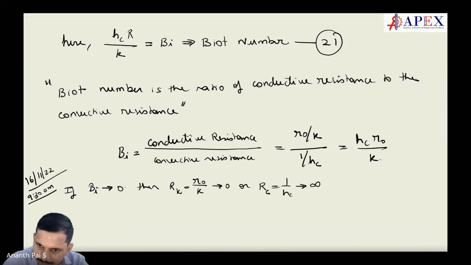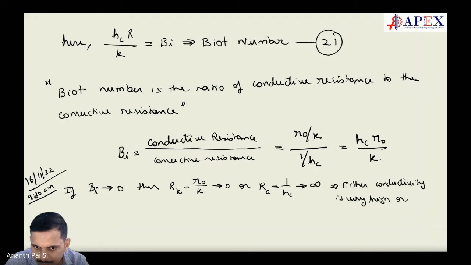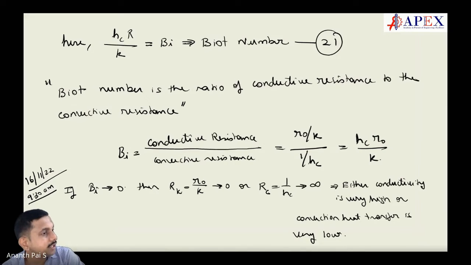It means either conductivity is very high, or convection heat transfer is very low. Understand this? You got the things?